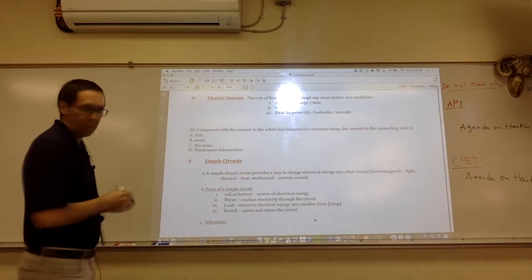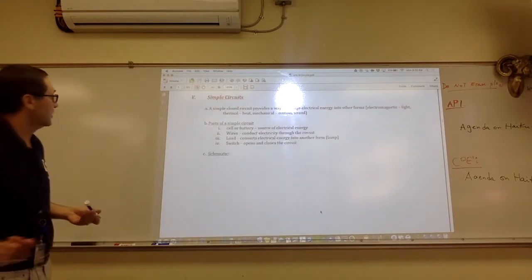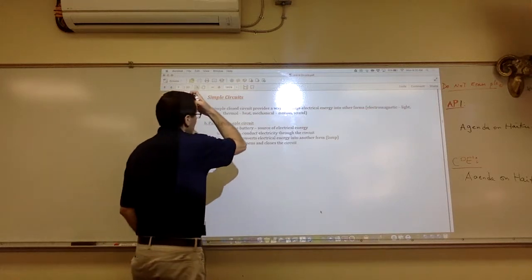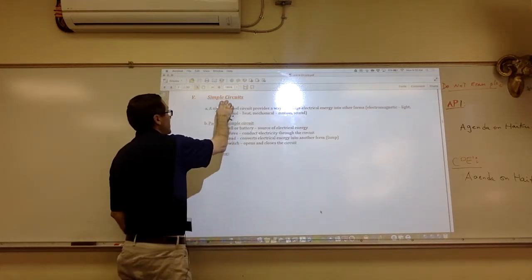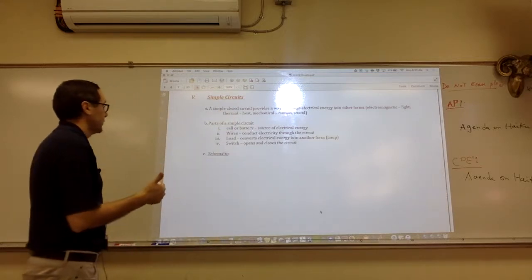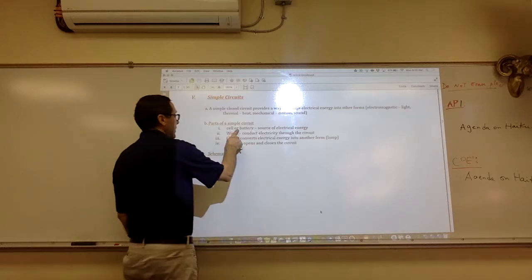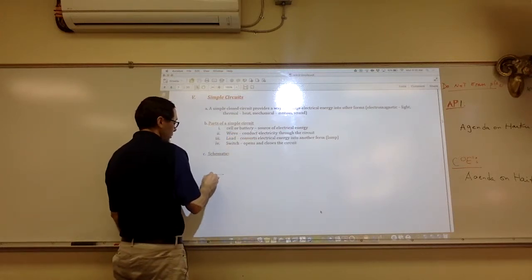Okay. Now I'm going to go right to circuit. The bare minimum that we need to have a circuit, we need a source of energy. So we're going to be using a battery in this class. The symbol for a battery is a long line and a short line next to each other with a gap in between.